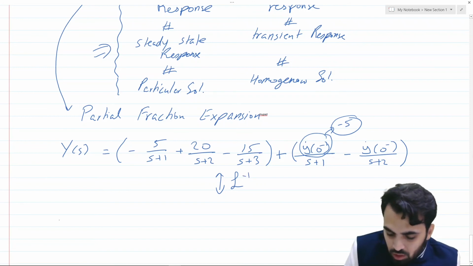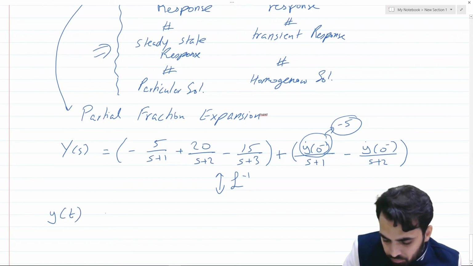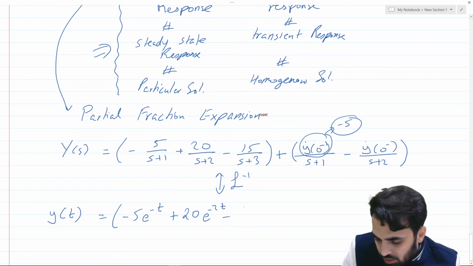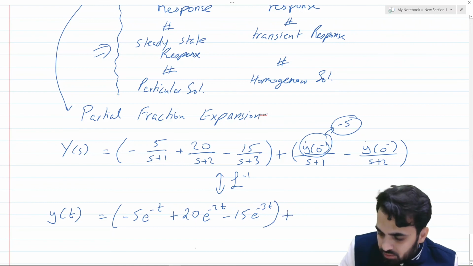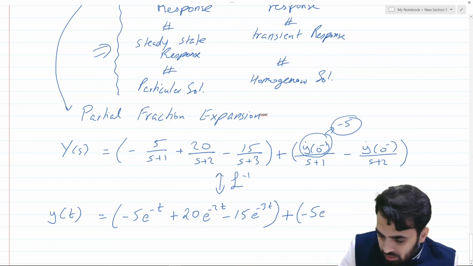we would have an overall output response of the current, that is loop current y of t, and from pair 6 this would be minus 5 e to the minus t u of t plus 20 e to the minus 2t u of t minus 15 e to the minus 3t, plus, so this is now minus, so we have minus 5 e to the minus t, and this minus will become plus, so we have again 5 e to the minus 2t.